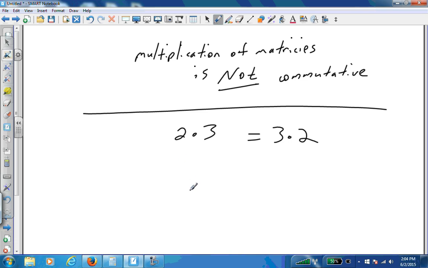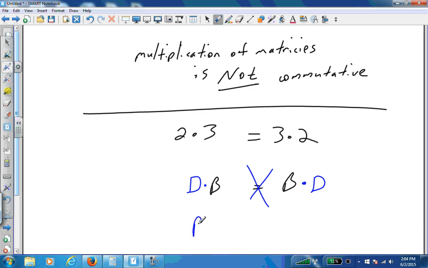If I have a matrix and I want to multiply it by something else, let's say matrix D, I can't multiply it on the left side in one place and on the right side on the other side. Generally speaking, that is not equal.